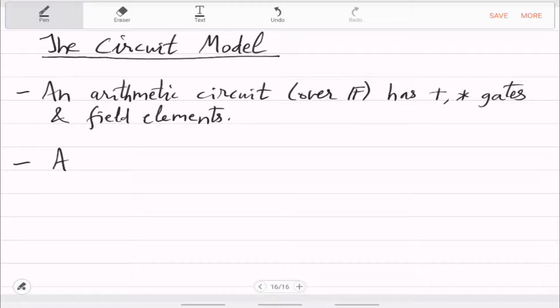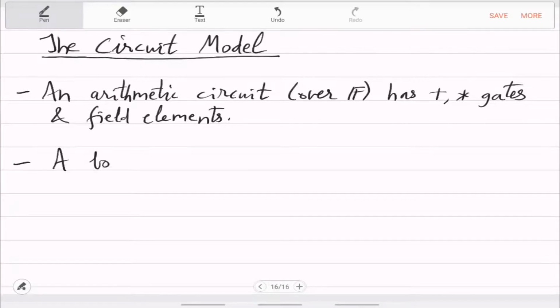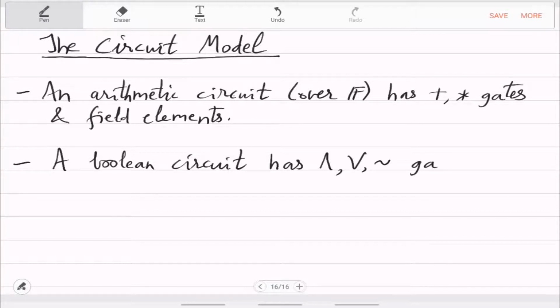And what is called a Boolean circuit has AND, OR, NOT gates and constants 0, 1, or false and true.